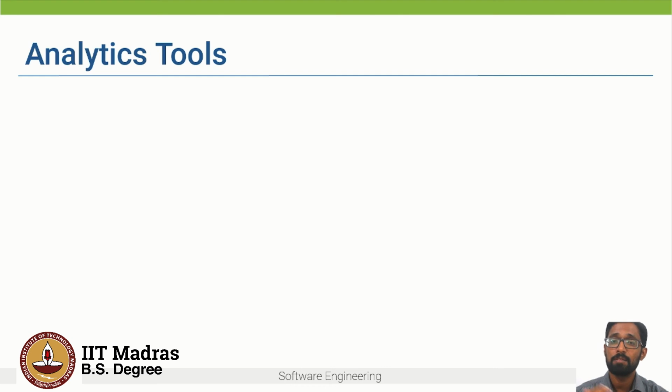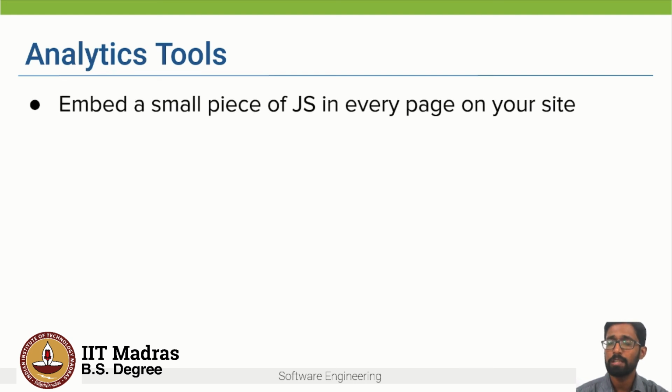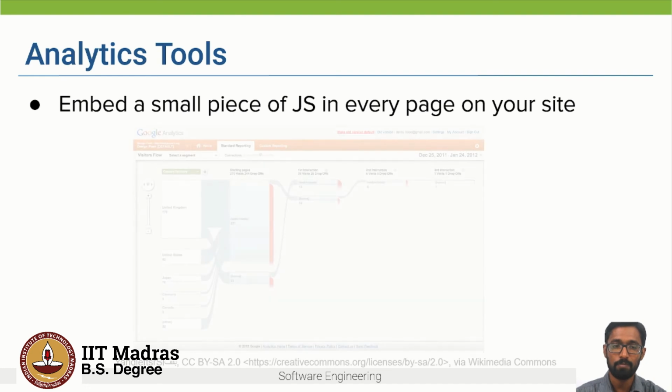And there are several analytics tools as well which help you do this, right? What they do is you can embed a small piece of JavaScript in every page in your website, and this contains what is known as a tracking code, and this tracking code sends the information to the analytics tool each time the page is loaded, right?